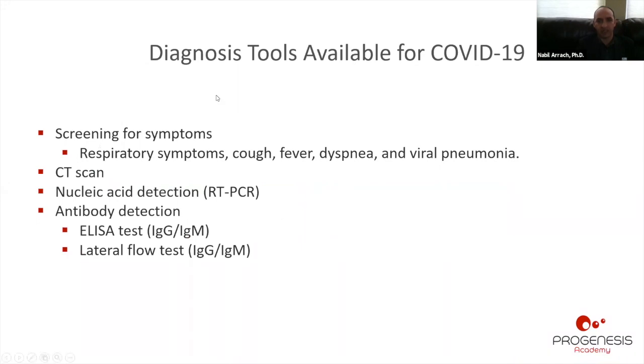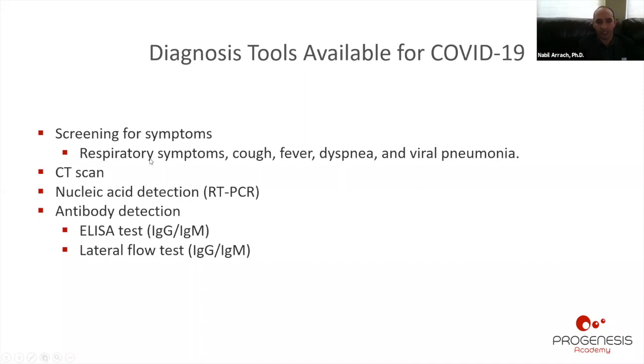For example, the first option we're going to be talking about is how do you screen for the virus? The virus is normally screened using symptoms, right? You have to use respiratory symptoms, cough, fever, temperature, and I will show you a study on the frequency of those symptoms in the affected population.